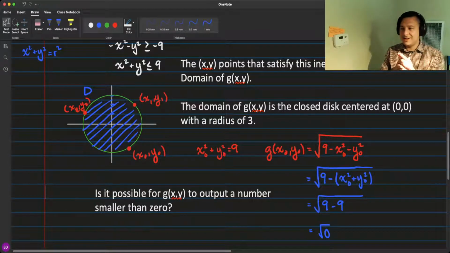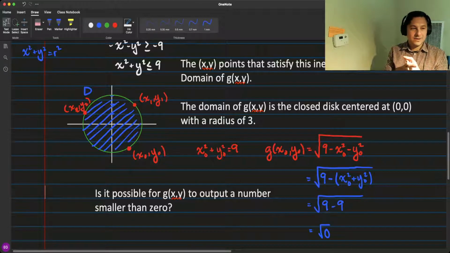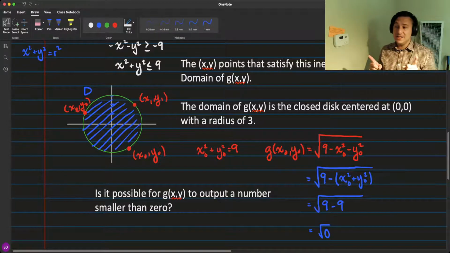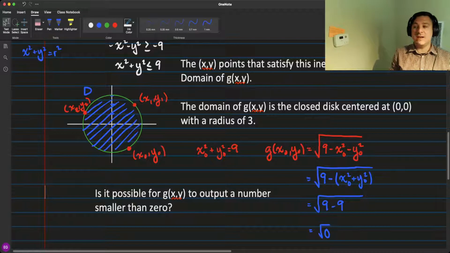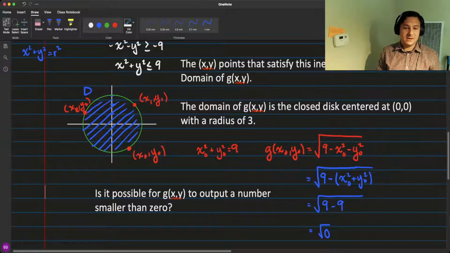Okay, why not? Well, actually it has nothing to do with that. The function g of x, what does it do to your point? Like, ultimately, what's the last operation that happens?